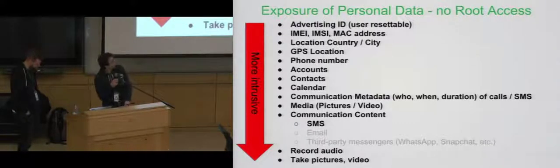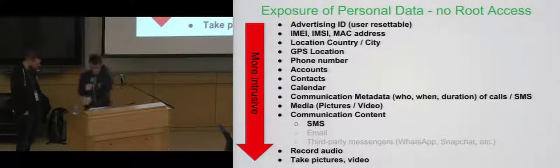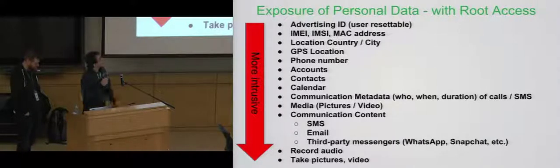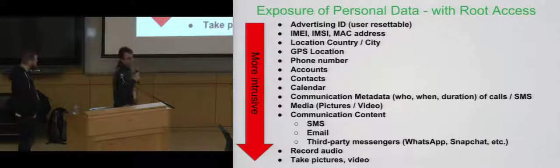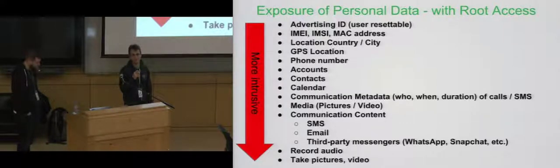And also, if you remember the line that you drew earlier, I'm pretty sure there are some that are beyond the line here. Once the device is rooted, as expected, absolutely everything is open, and a whole bunch of things that are not even on this list, such as Wi-Fi passwords, authentication tokens, and so on.